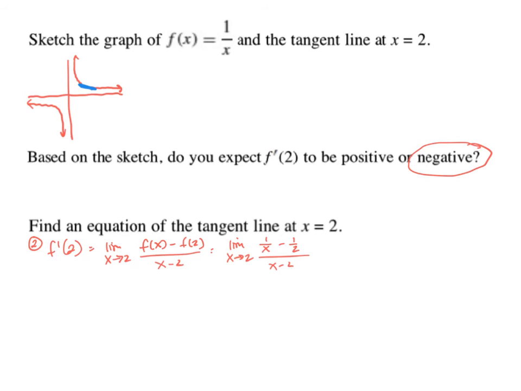So common denominator between x and 2 up top, I would need 2x as my denominator, which means the first fraction needs a 2 over 2, and the second fraction needs an x over x. So then I have 2 minus x over 2x in the numerator.